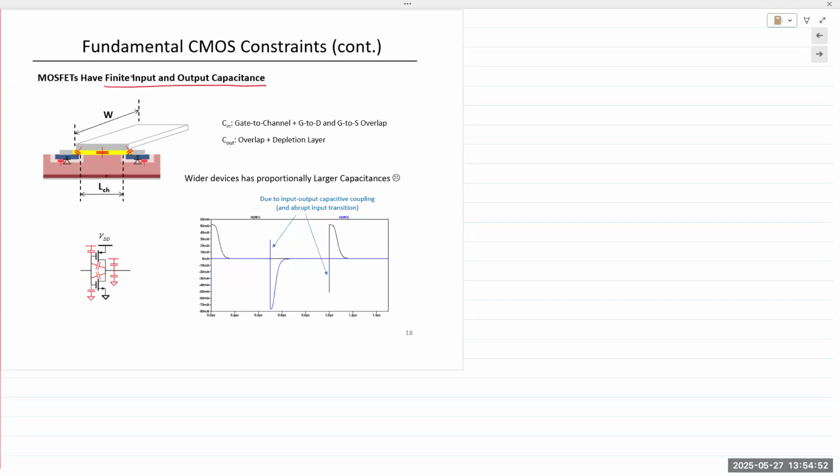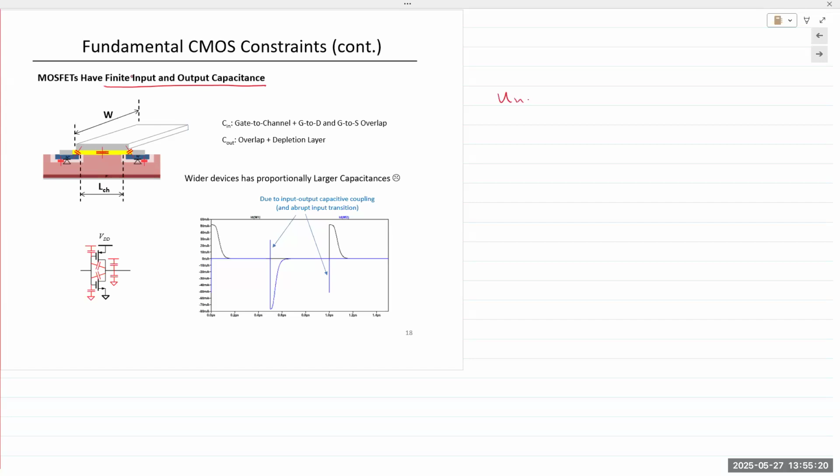They are very, very small, very tiny, femtofarads and smaller. But when you have very tiny devices on the order of nanometers, these parasitic capacitances interfere with the operation of these devices. So circuits have been designed for decades to negate or overcome the effect of these parasitic capacitances.